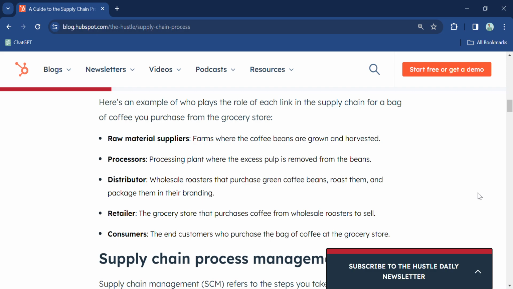Distributor: wholesale roasters that purchase green coffee beans, roast them, and package them in their branding. Retailer: the grocery store that purchases coffee from wholesale roasters to sell. Consumers: the customers who purchase a bag of coffee at the grocery store.